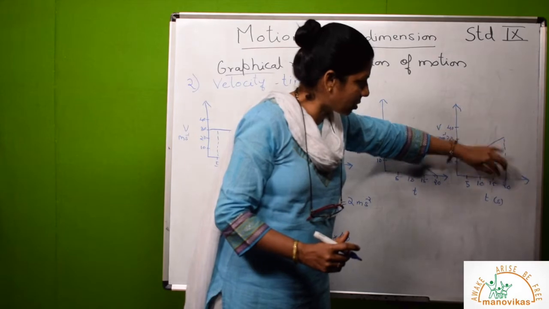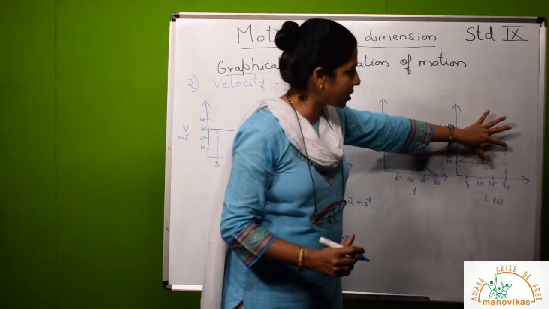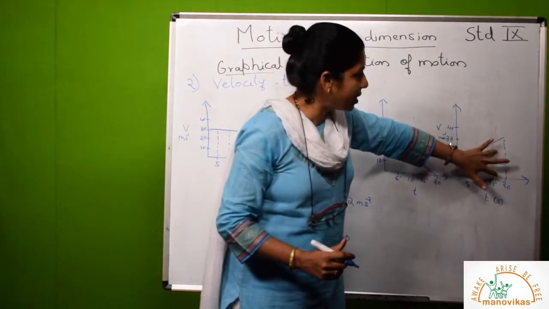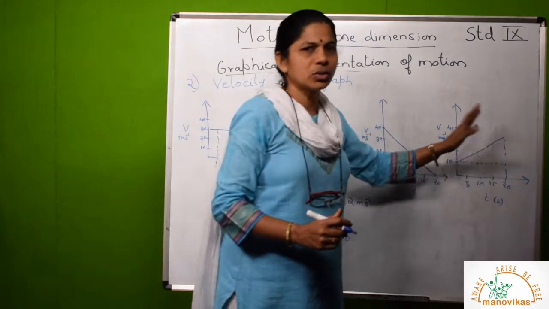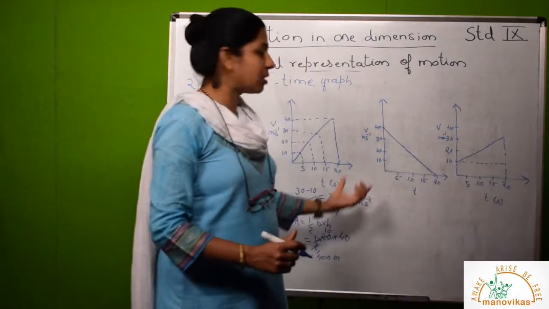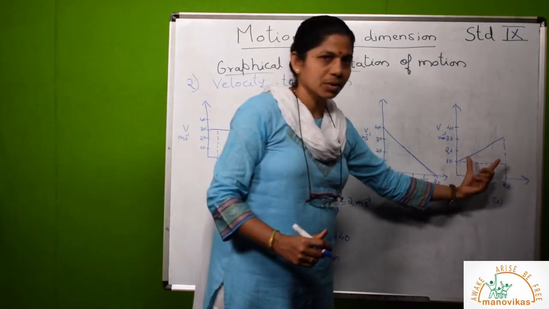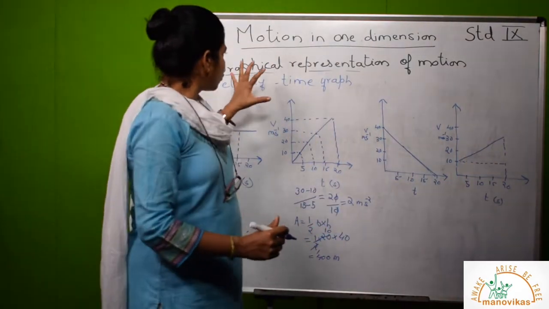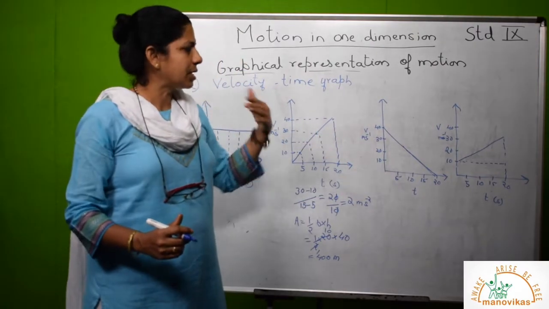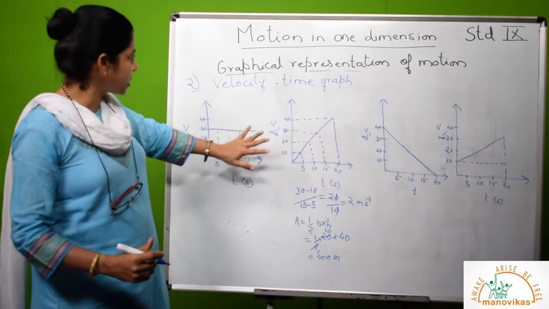You can use length into breadth to find the area of the rectangle, and half base into height to find the area of the triangle. Add both the areas, so you get the total distance covered. And slope you can find by using the formula y2 minus y1 upon x2 minus x1 for this part. So from a velocity time graph you can find out the distance covered as well as the acceleration that is being produced. Okay.